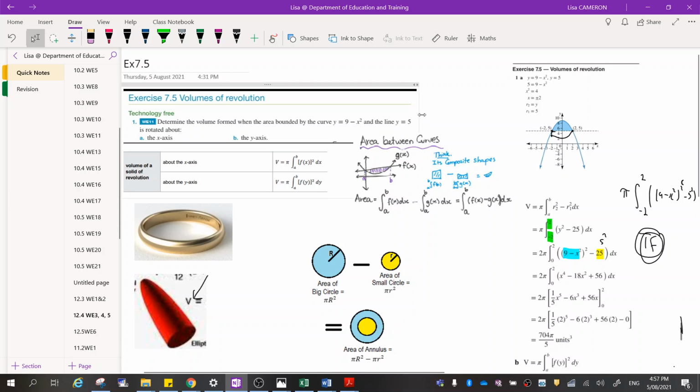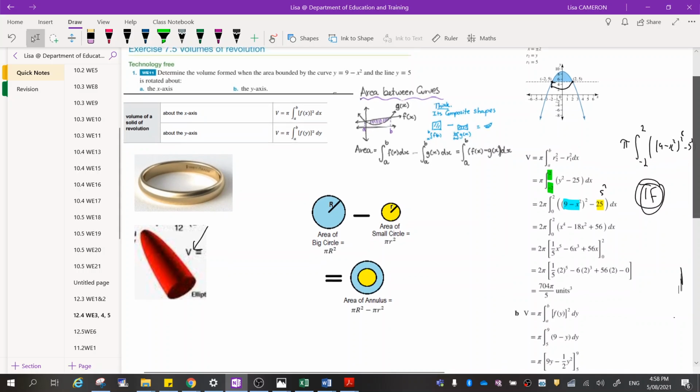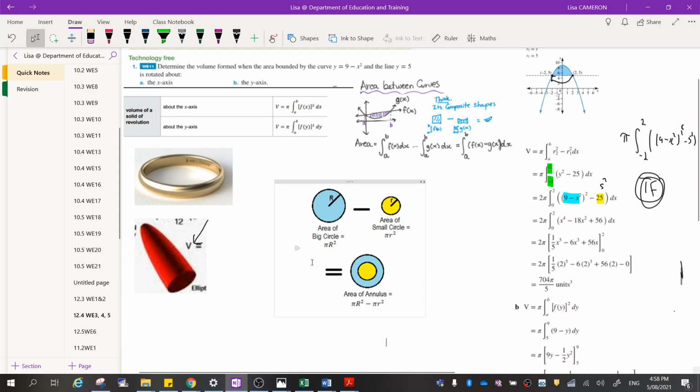I'm going to rearrange the equation to get x equals for both of them, which is why down here this equation changes. Before, we had y equals 9 minus x squared.